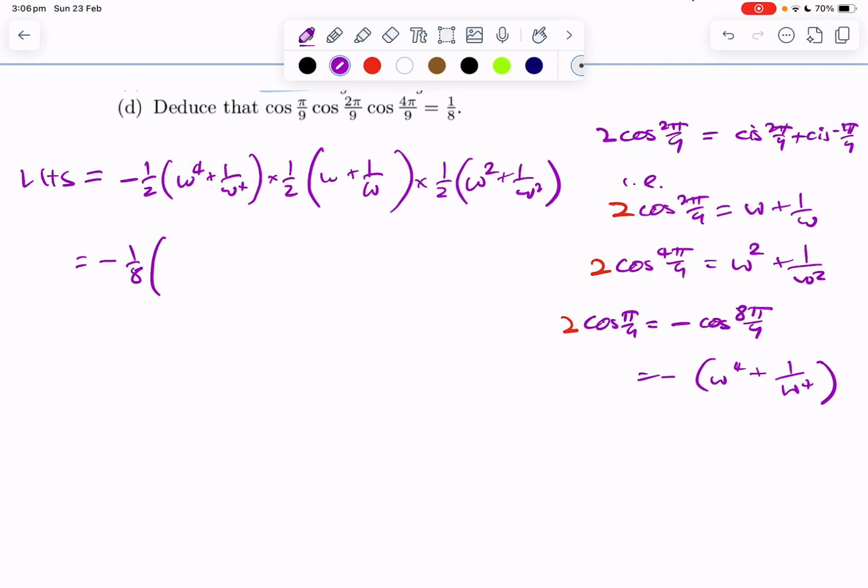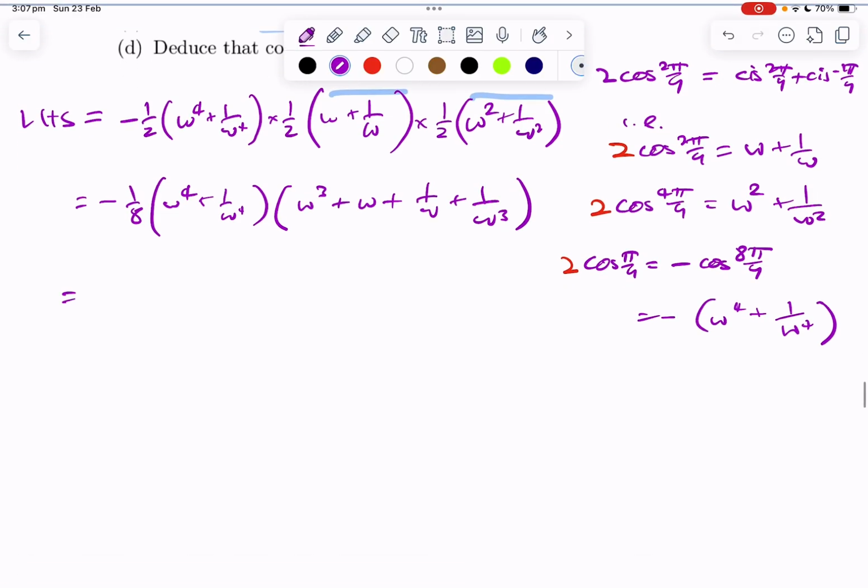Now, I'm going to choose to expand these two brackets here. So we'll leave omega to the 4th plus 1 on omega to the 4th for the moment, and this is going to be omega cubed plus omega plus omega plus omega plus 1 on omega plus 1 on omega cubed.